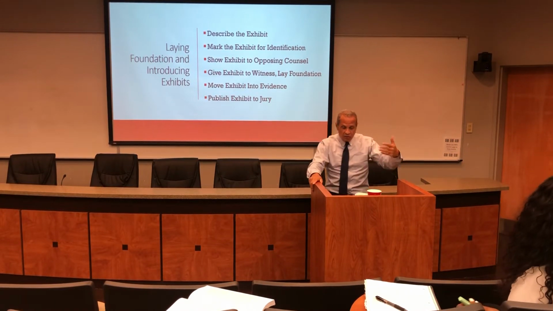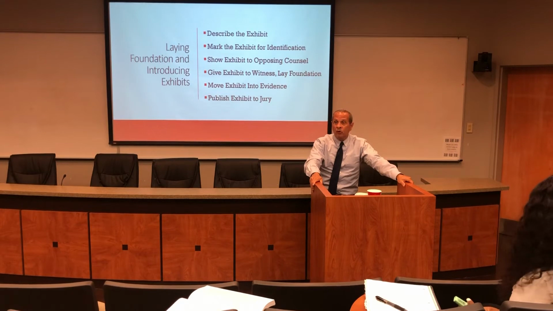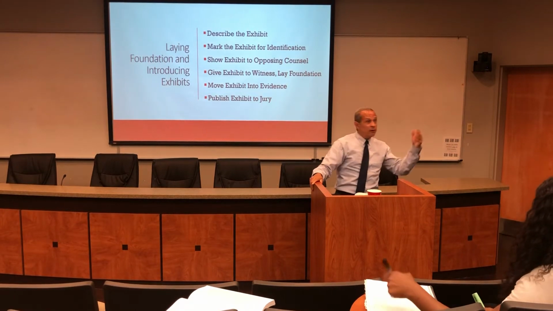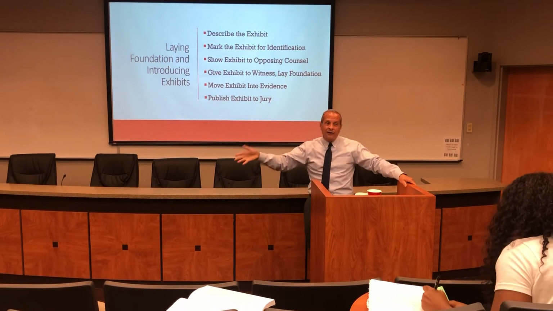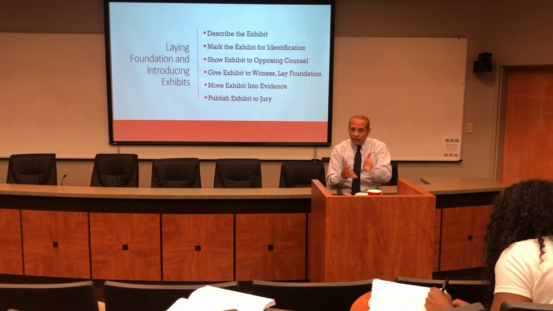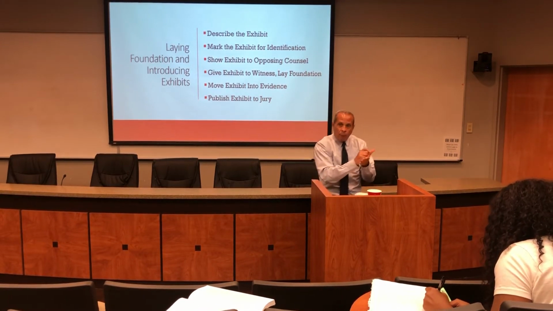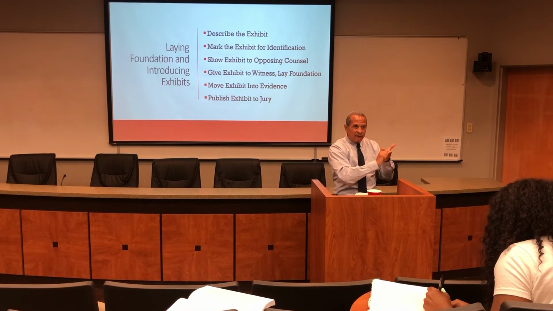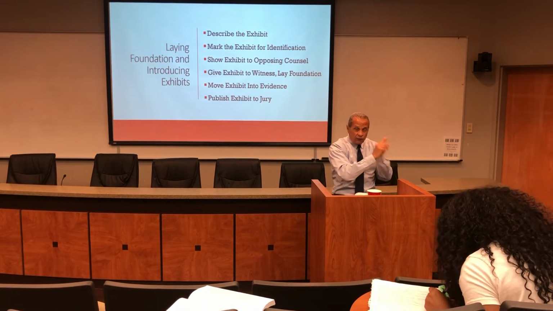Some jurisdictions will use numbers to mark it, some will use letters, some will use numbers for one side or letters for the other. It doesn't matter what mechanism or methodology they use. They will put some identification on that exhibit, and then you refer to that identification.